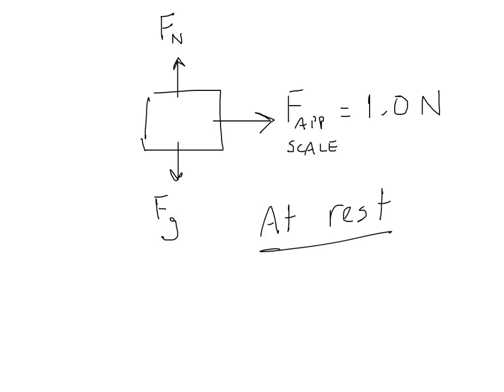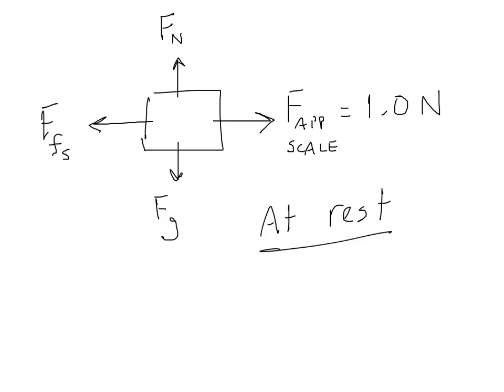Well, what's the only object that can exert a leftward force to balance out the 1 newton from the scale? Only the surface is in contact with it, and so that force leftward from the surface that keeps the block from moving must be static friction.